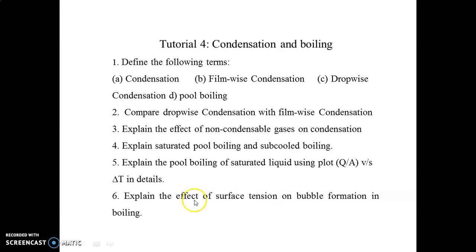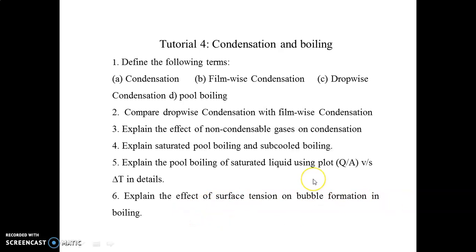And in the last part, explain the effect of surface tension on bubble formation of the boiling. So we have already discussed that the bubble formation is important in a boiling process. So surface tension has an effect on this bubble formation.